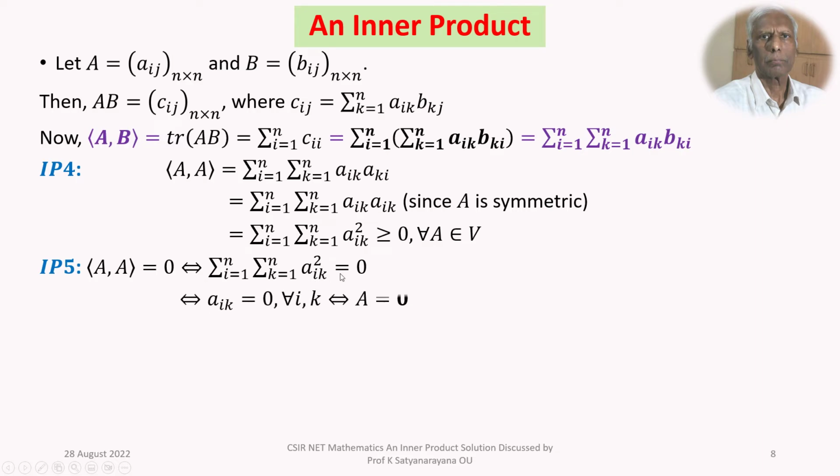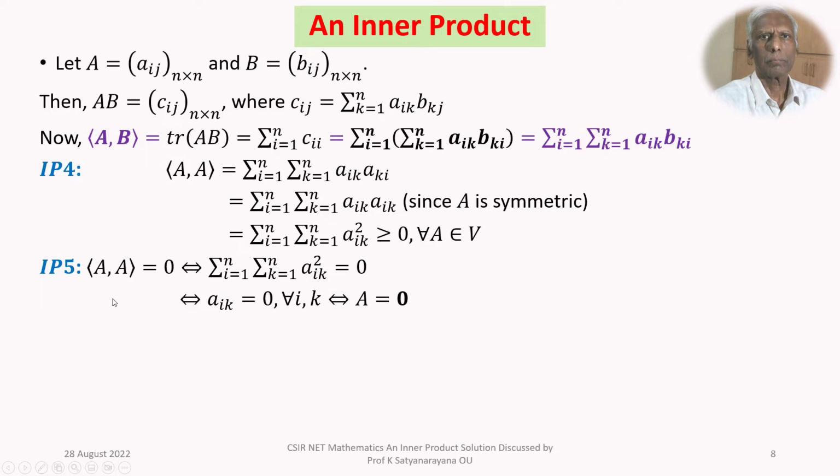This is if and only if Aik is 0 for all i comma k. When Aik is equal to 0 for all i comma k, the matrix A is the 0 matrix, if and only if A is a 0 matrix. Thus we have proved bracket of A comma A is equal to 0 if and only if the matrix A is a 0 matrix. Thus we have verified the fifth property of the inner product.